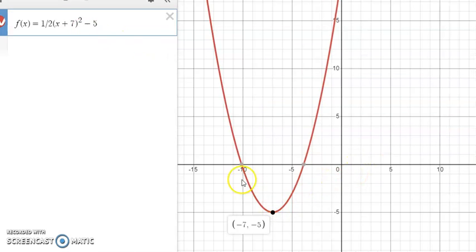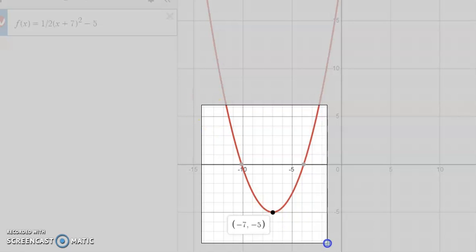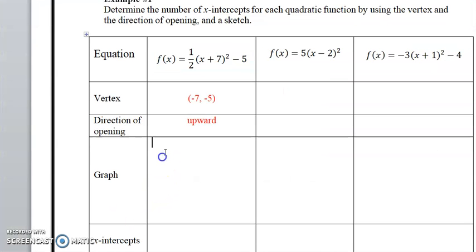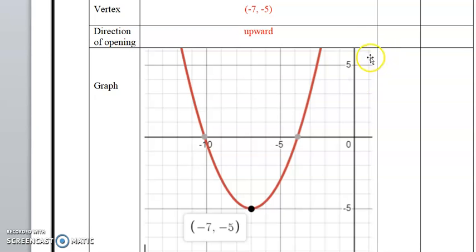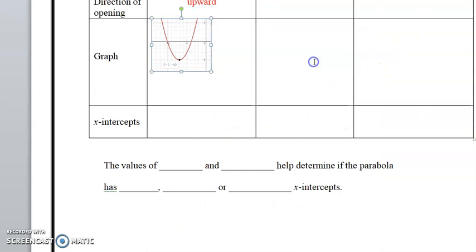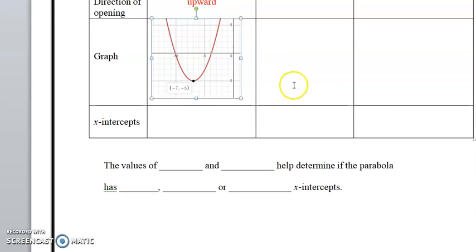And all we want to know is that there's our vertex. Doesn't matter what the points are, but you can clearly see that there are 2 x-intercepts. So I'm going to copy this, and I'm going to put it into our little graph here. It's going to be huge, but I can just make this smaller. Boom. There we go.